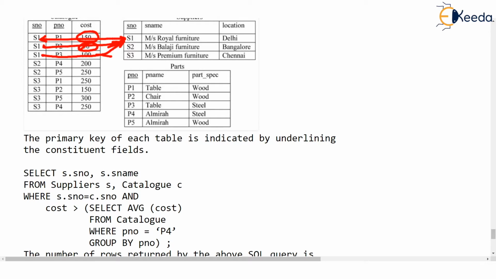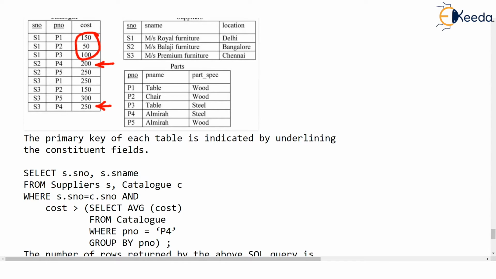Basically, what you will see is that S1 is a supplier who is not supplying any part whose cost is greater than the average cost of part P4. P4 has average 225 and supplier 1 is not supplying any part with cost greater than 225, isn't it?